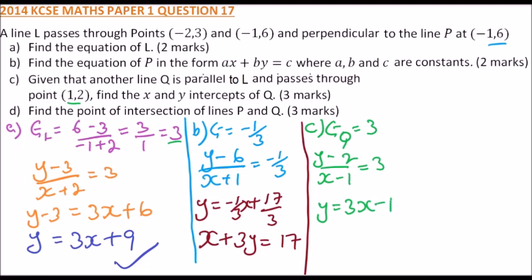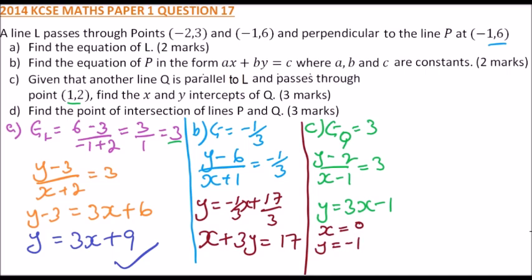Once you get the equation, you can find the intercept. When x is 0, it means y is equal to −1. That is the y intercept.